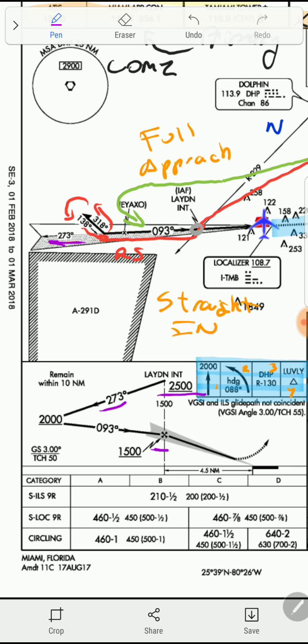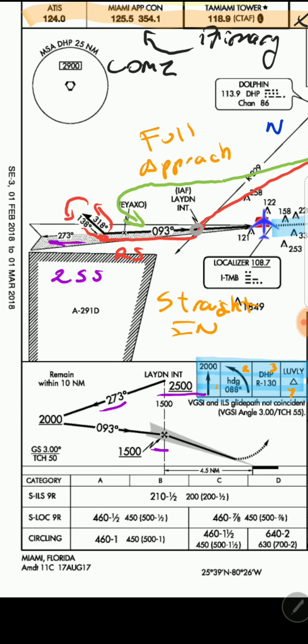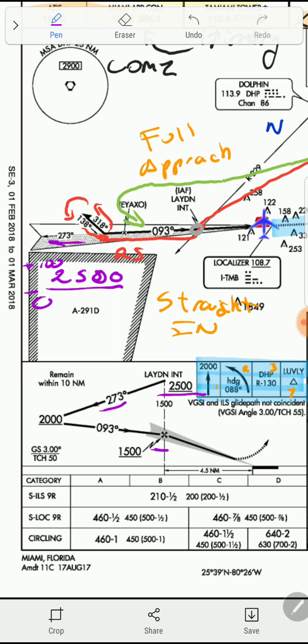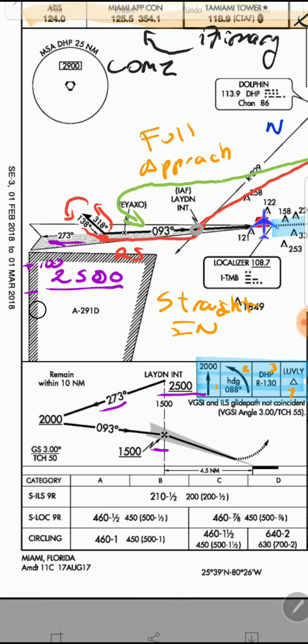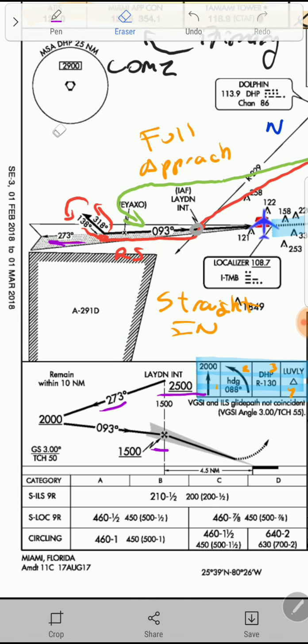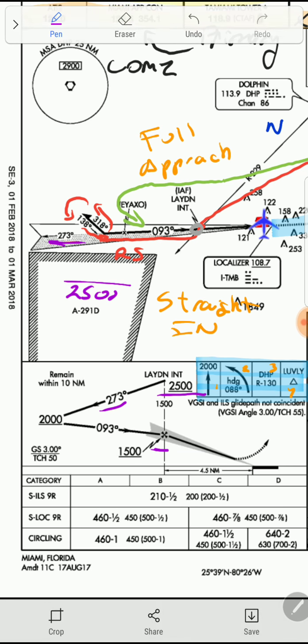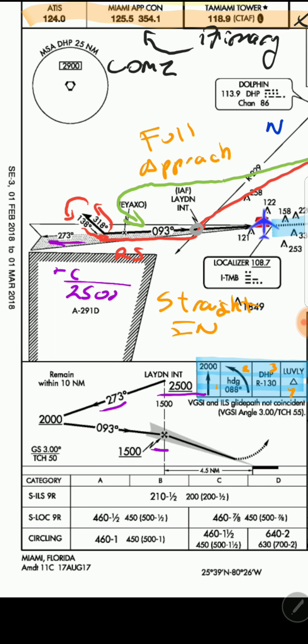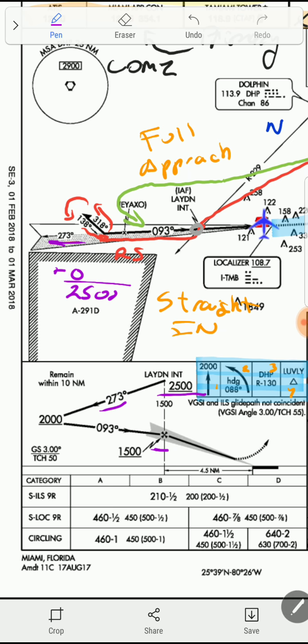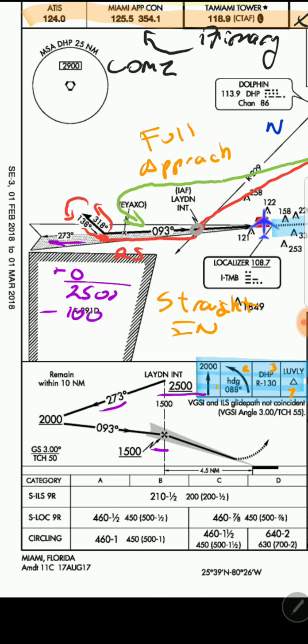Why do I know it has to be at or above? When an altitude has an underline like this, it means that you have minus 0 feet, but you have a tolerance of plus 100 feet from that altitude. If your altitude, 2500, has a line on the top, you have a tolerance of plus 0 feet, minus 100.